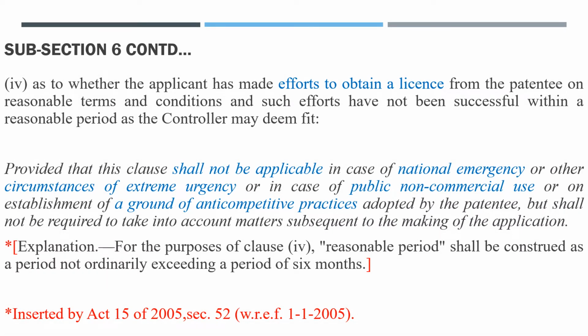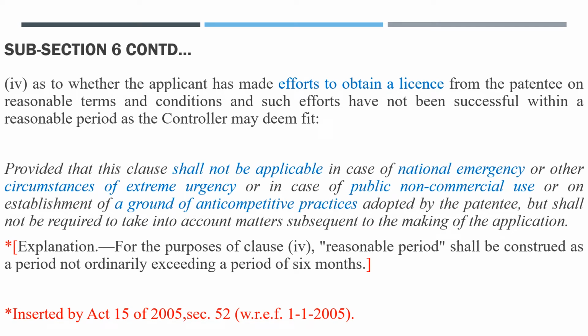Okay, so clause 4 says as to whether the applicant has made efforts to obtain a license from the patentee on reasonable terms and conditions, and such efforts have not been successful within a reasonable period as the controller may deem fit, provided that this clause shall not be applicable in case of national emergency or other circumstances of extreme urgency, or in case of public non-commercial use, or on establishment of a ground of anti-competitive practices adopted by the patentee, but shall not be required to take into account matters subsequent to the making of the application.